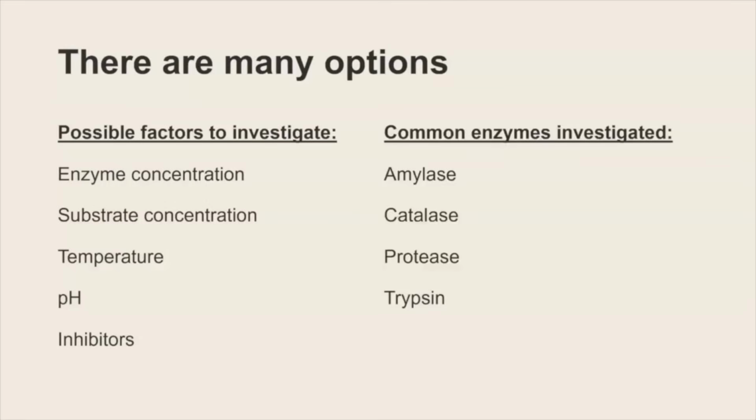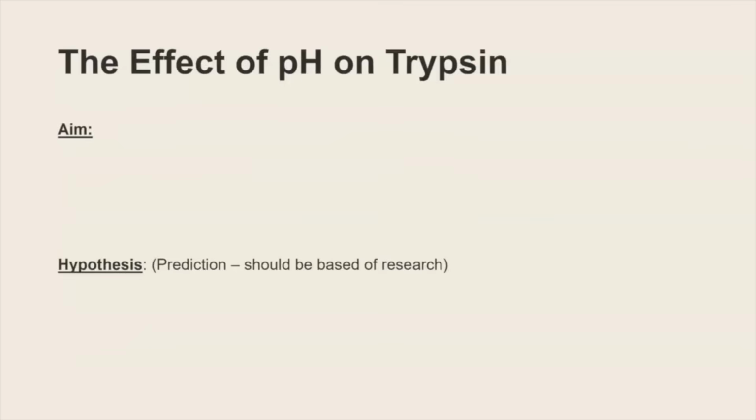Now, the most common enzymes that are used in investigations are these 4 here: amylase, catalase, protease, and trypsin. But again, that doesn't guarantee that if it came up in the exam, it would be one of those enzymes. So although in this video, I'm going to help you to plan one particular practical, bear in mind that you'll need to use these skills transferably, potentially in the exam.